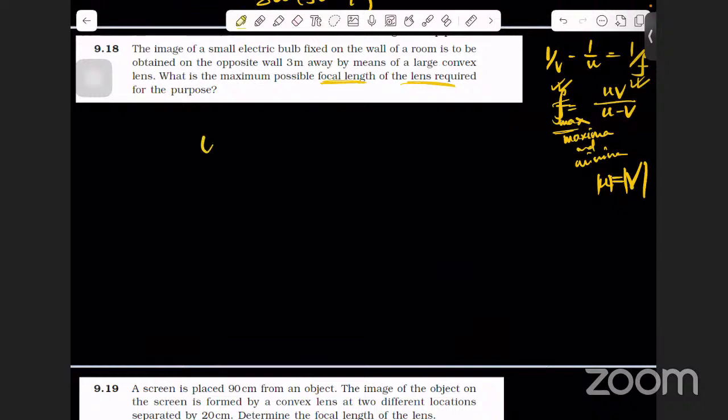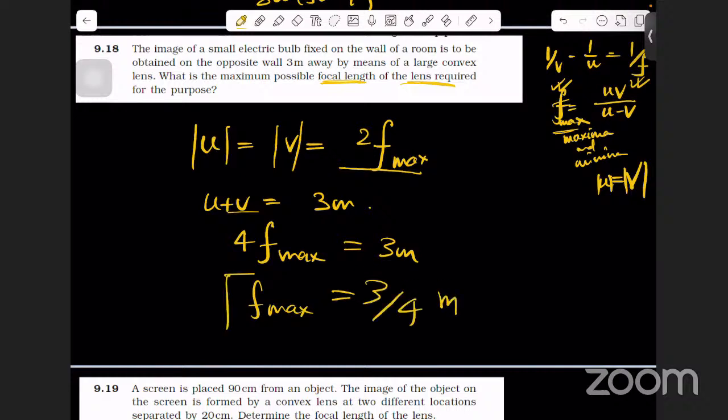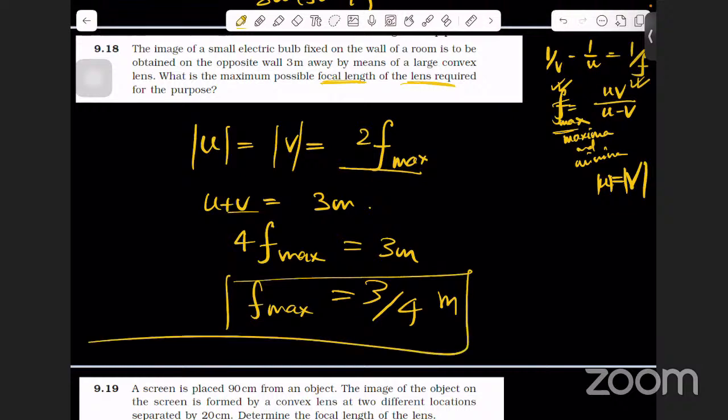So U is equal to V, which is equal to 2 times F max. But we know U plus V is given as 3 meters here. So U is 2F max, V is 2F max. So 4 times F max is 3 meters. So F max would be 3 by 4 meters. This is the answer to this question.